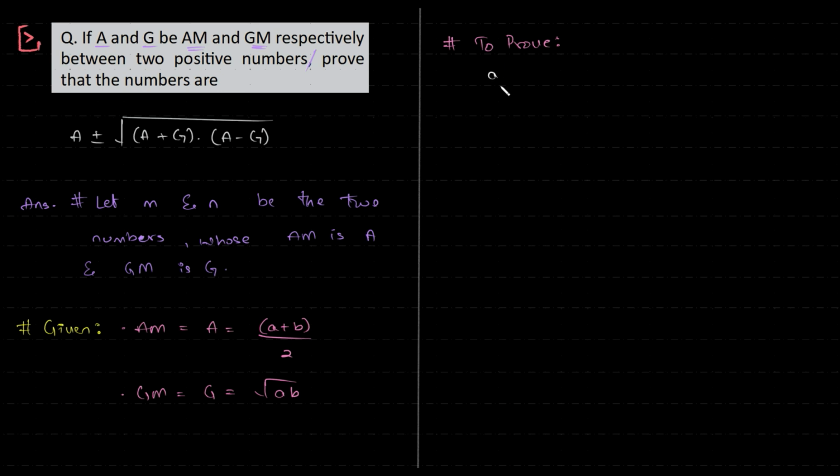We have to prove that M and N, sorry, I changed the variables, this is M and N and this is MN. So we have to prove that M and N both are equal to A plus or minus square root of (A plus G) into (A minus G).